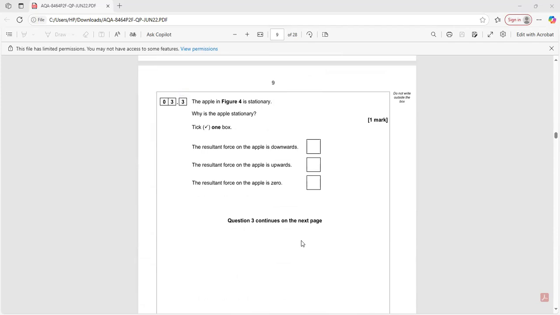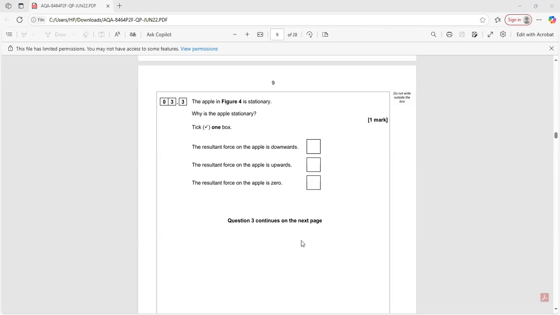It says the apple in figure 4 is stationary. Why is it stationary? Let's see the options. The resultant force on the apple is downwards. The resultant force on the apple is upwards. The resultant force on the apple is 0. Which one would you say is the answer and why? 0.